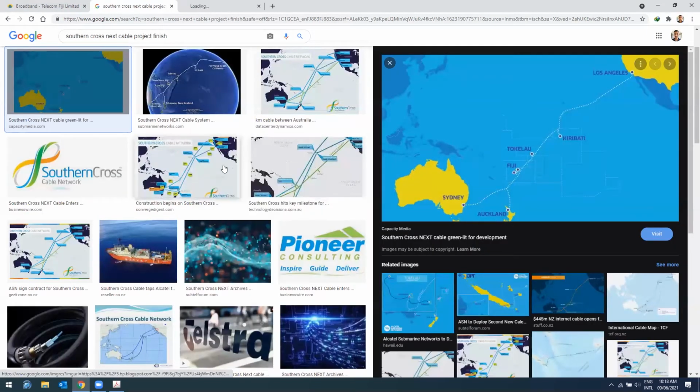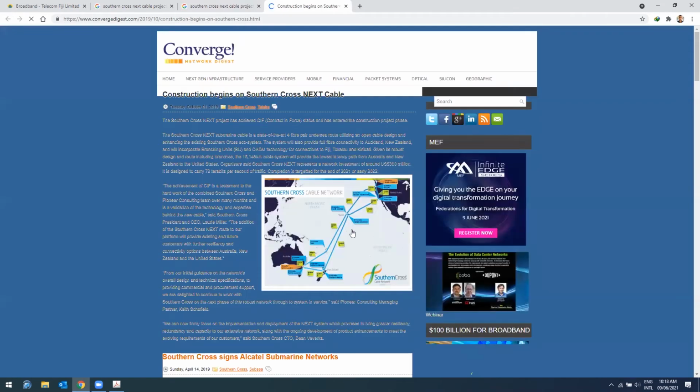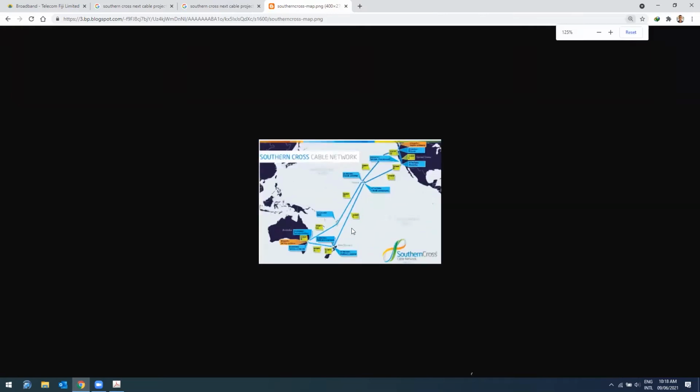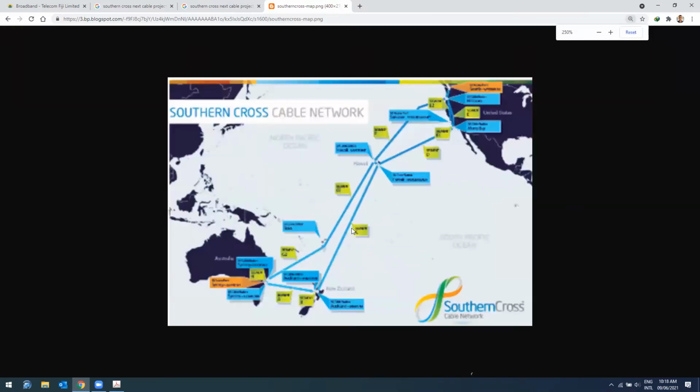All right, if you see the screen, this was the old one. This is the current line that we are using, the cables that we have at the moment.